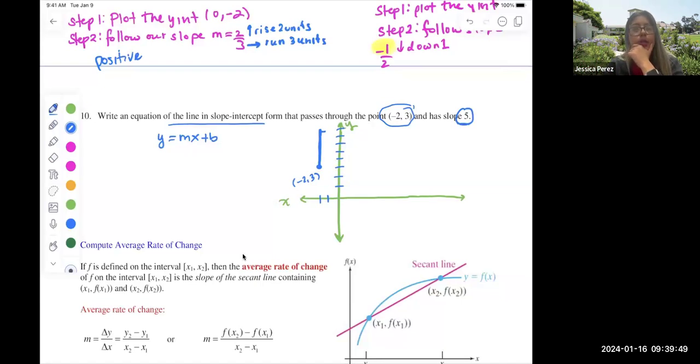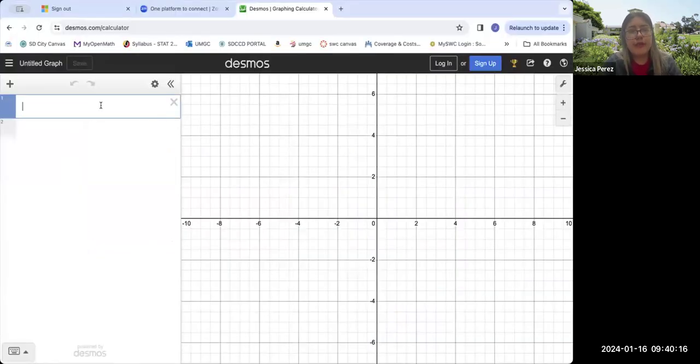Let me go ahead and open Desmos because I want to share how that looks in a bigger screen, as I don't have a lot of room. This is one of the techniques that is always helpful, to just have your visuals. So I'm going to start by plotting my point (-2, 3) right there.